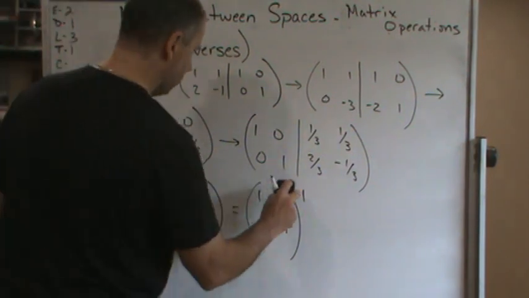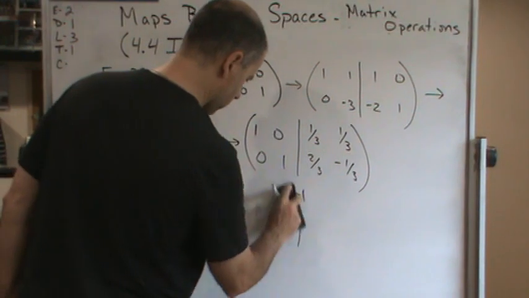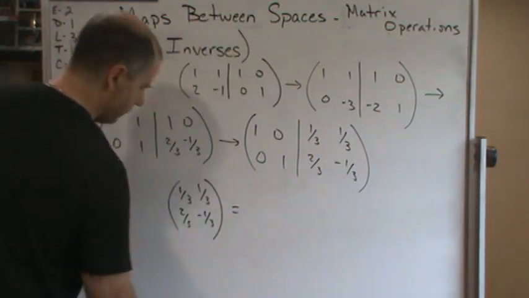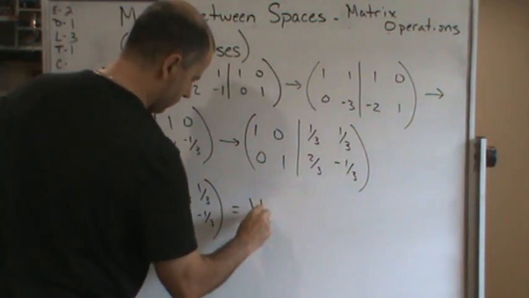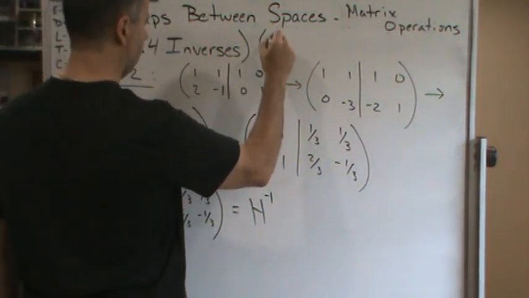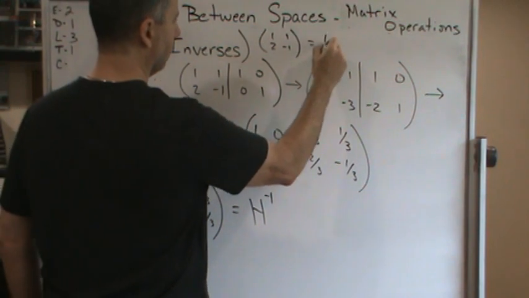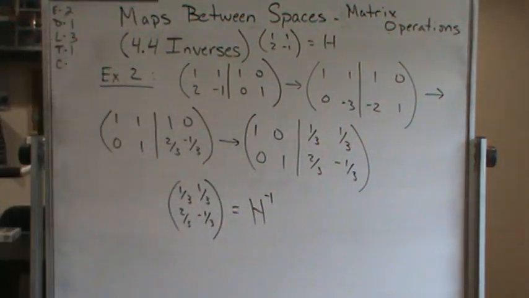Or this is equal to H inverse, where 1, 1, 2, negative 1 is equal to H. And that's it, we're done.